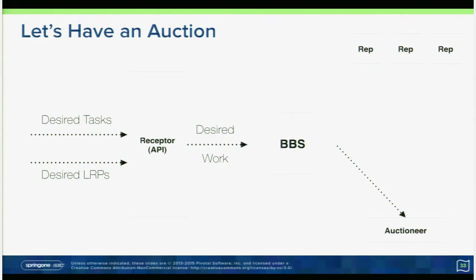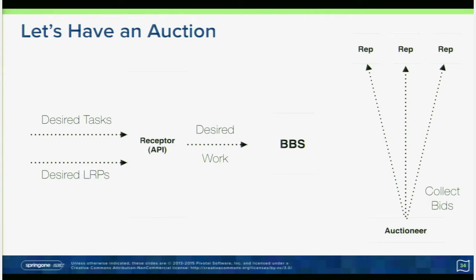And so we go into this thing called an auction. And so on the brain, we have a component called the auctioneer. And the auctioneer is going to go out to all of the cells and talk to the cell's representative, short, we call it rep, and say, hey, I want you to bid on the right to run this work. A bid is essentially a report on, what are my available resources that I can offer to you right now?